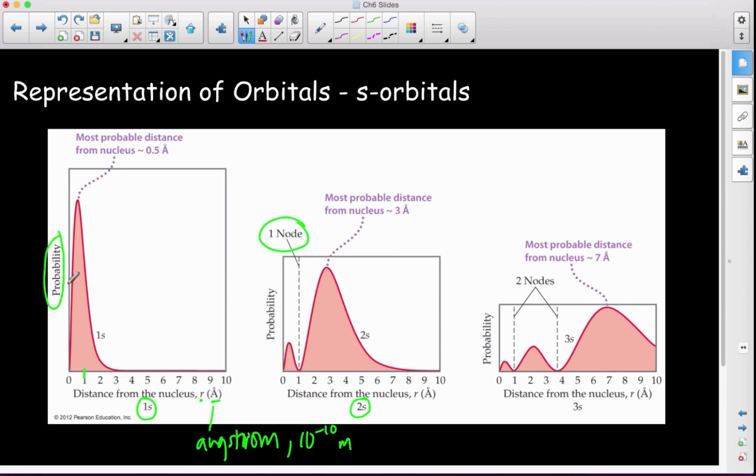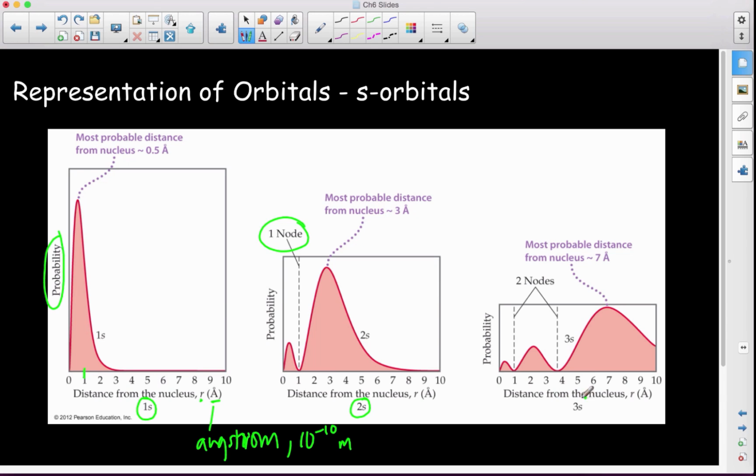Going back to the concept of electrons having wave-like behavior, if this is where we have a peak of 1, then the other one can't have a peak there. If my 1s peaks at 1 angstrom, then my 2s cannot peak at 1 angstrom. It'll have a peak before it and a peak after it, and so we'll have one node.